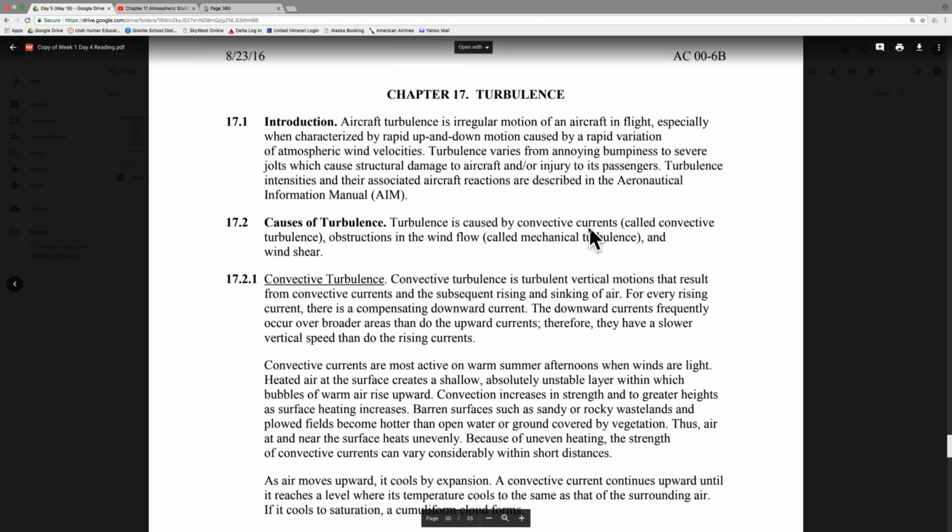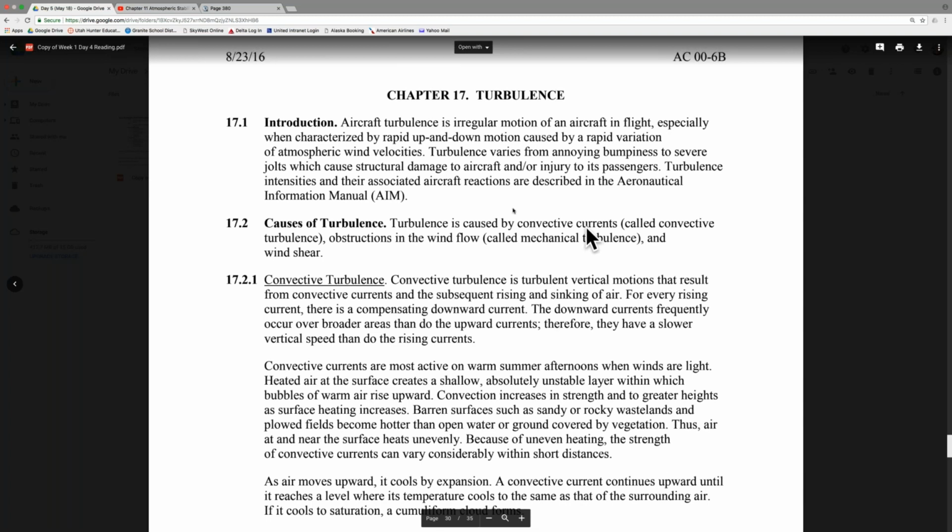So, turbulence. Let's talk a little bit about turbulence. So what causes turbulence? Convective currents, right? The other thing that we can see that causes turbulence is obstructions or wind shear. When we have obstructions like buildings near the ground, we're going to see what we call mechanical turbulence.